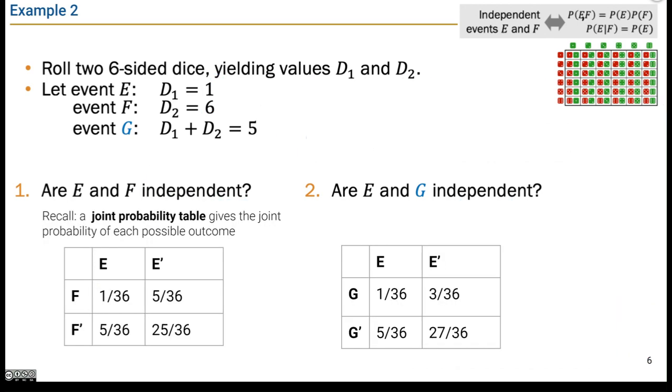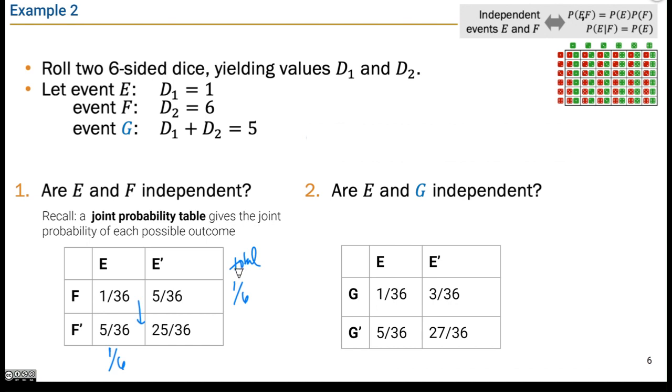Another way you can think of this, again, it's not changing any of the math, but it's just adding this joint probability table back into how you're thinking about this process. So if we think of the probability of E as adding up the 1 and the 5, so I'm getting 6 out of 36 here. Looking at the probability of F is also 1/6. This is the totals.